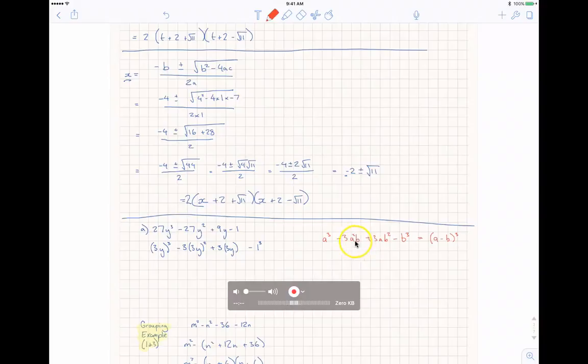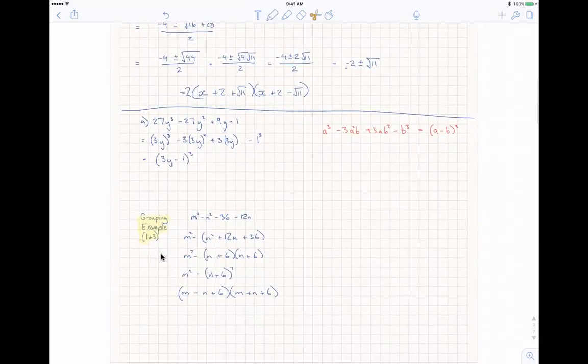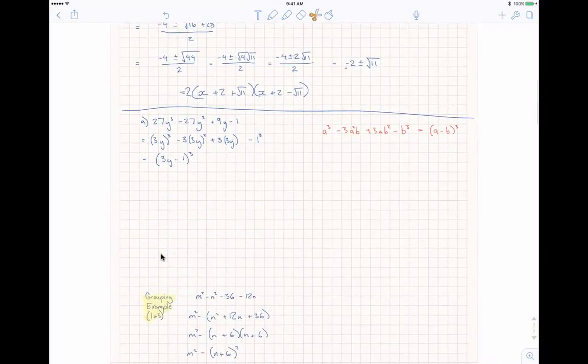So it could actually be here, it's just not written. We could have 3 times 3y squared times 1 and 3 times 3y times 1 here. So our b is 1 and our a is 3y. So when we factorize it, it just becomes 3y minus 1 cubed.